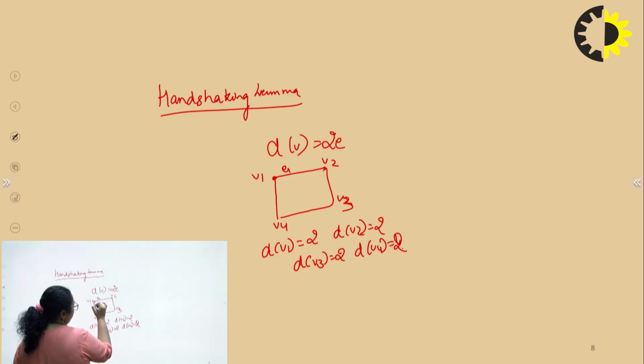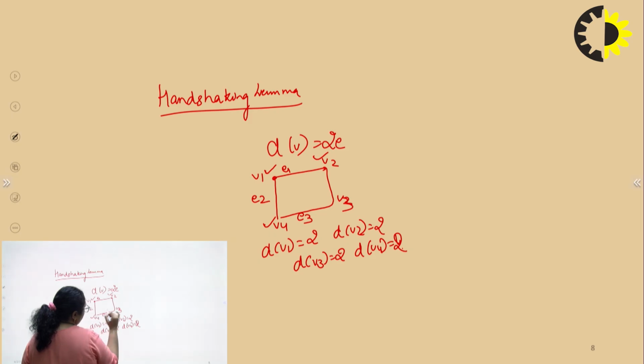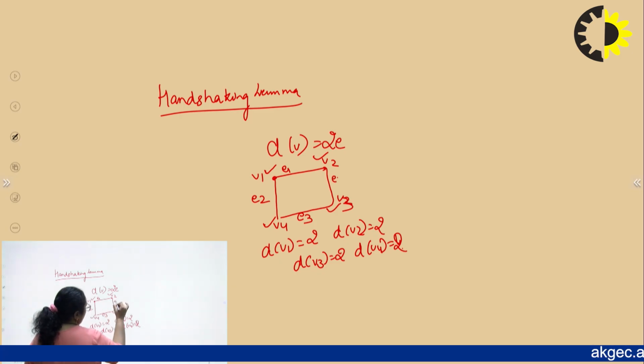Like E1 is contributing degree to V1 and V2. Similarly, E2 is contributing degree to 2 vertices, V1 and V2. Similarly, E3 is contributing degree to 2 vertices, V4 and V3. And E4 is contributing degree to 2 vertices, V2 and V3.